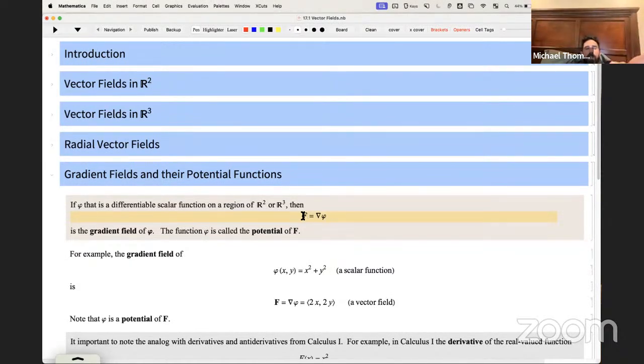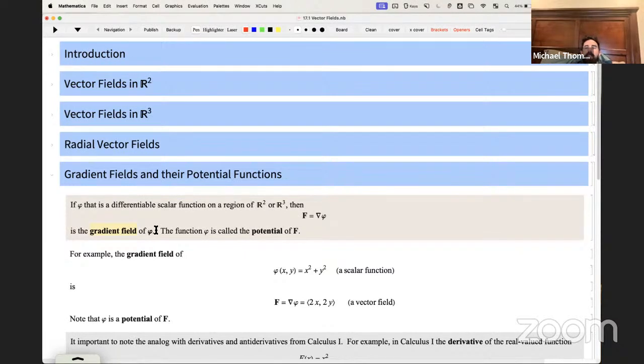So what's interesting here is we start with a scalar valued function, which is like a surface or a hypersurface in R3 or in R4. And you can take the gradient operator of it, and it turns it into a gradient field, or a field, and we call that field the gradient field of phi.